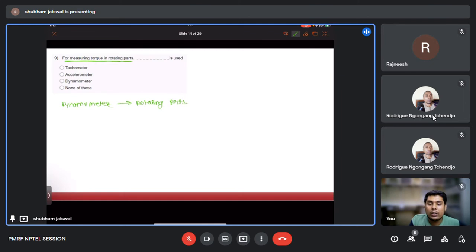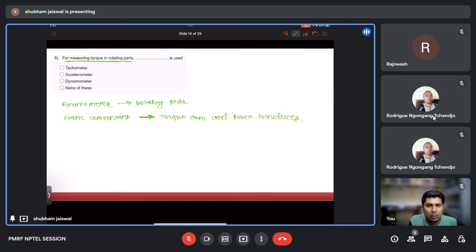So if you want to measure the torque of what we call a static component, for a static component we use a torque arm and force transducer.